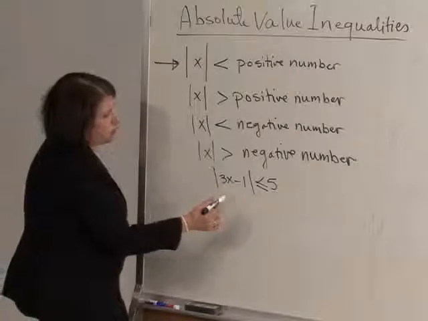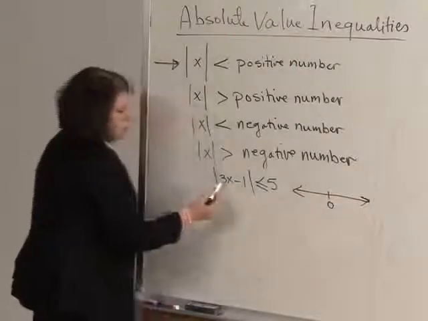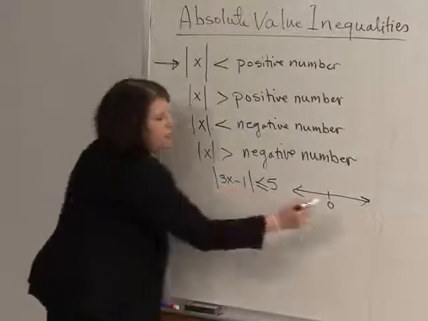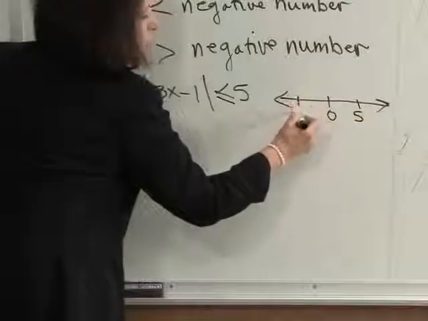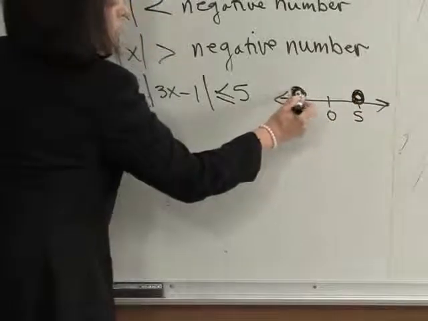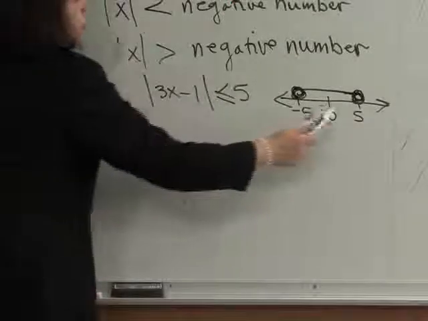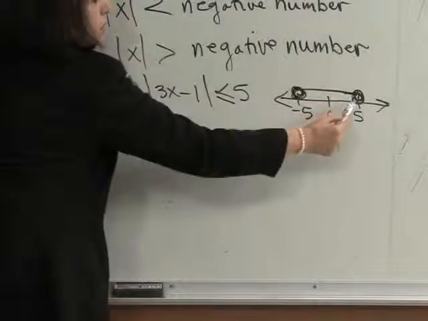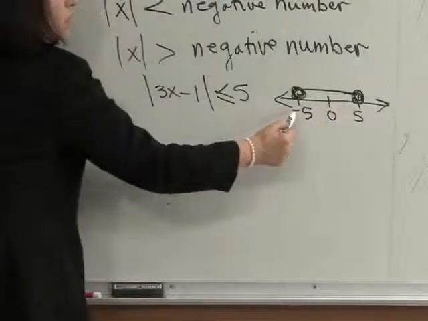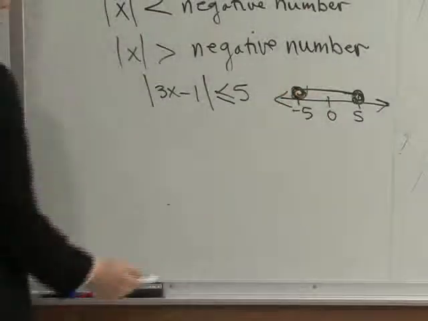So we're going to translate this. This number, 3x minus 1, is less than or equal to 5 units from 0. So I'm looking at 5 and negative 5. If it's less than or equal to 5 units from 0, it could be 5 or less, could be negative 5 or greater.